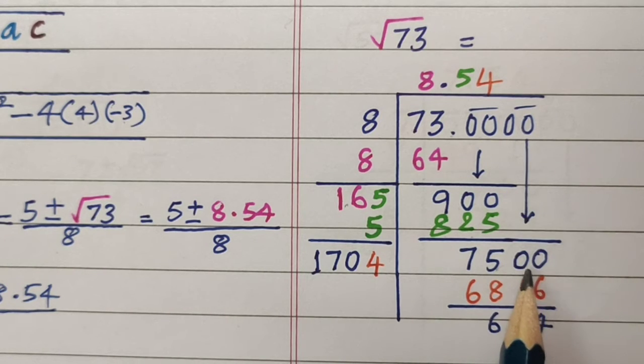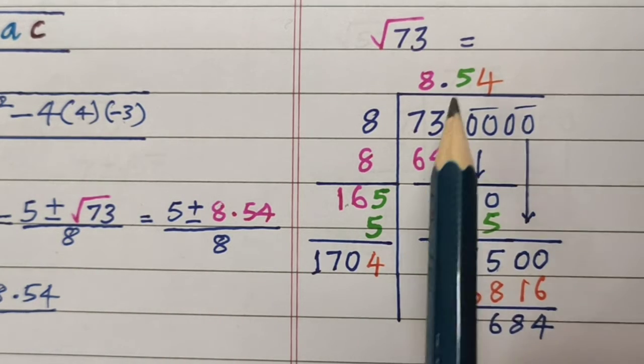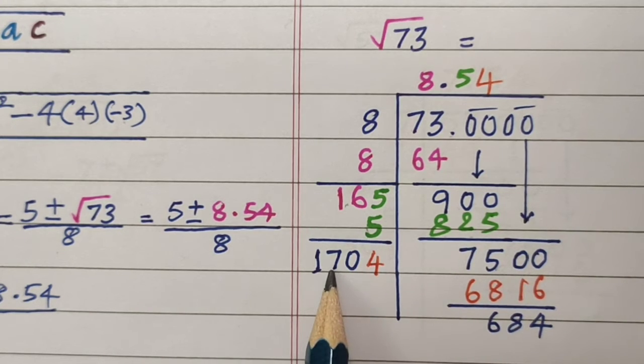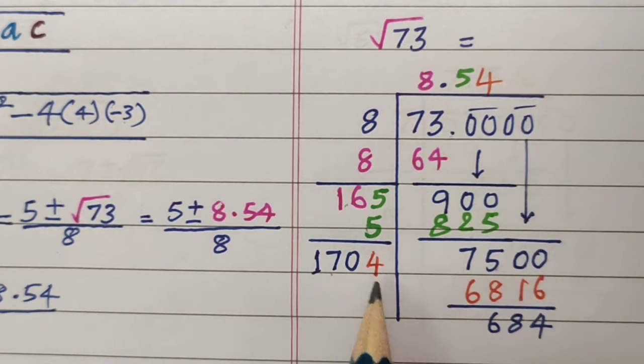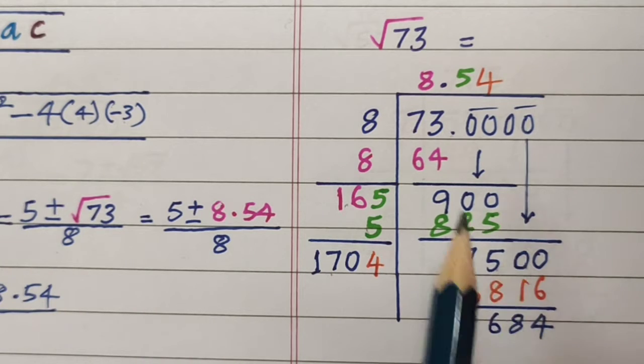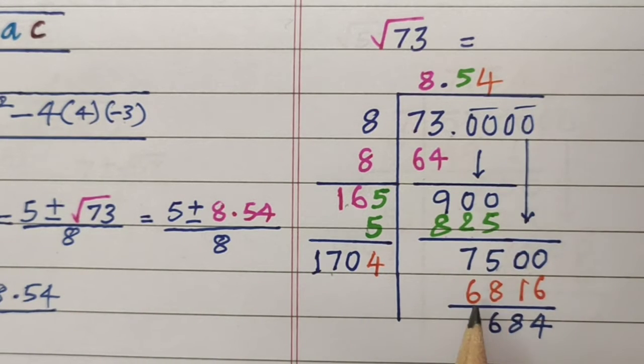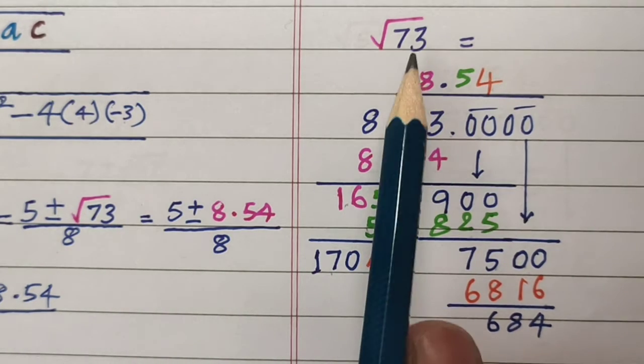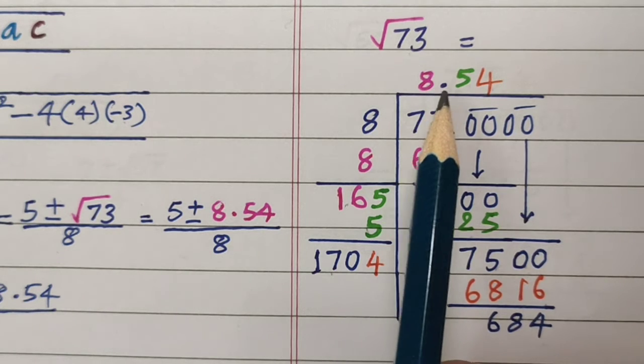Then bring these two zeros down, then add this 5 to 165, you will get 170, and multiply with a number so that you get close to 7500. When you multiply with 4, we got 6816. So we have stopped here because we wanted 2 digits after the point. The square root of 73 is 8.54.